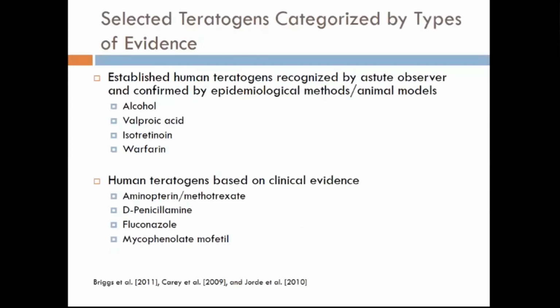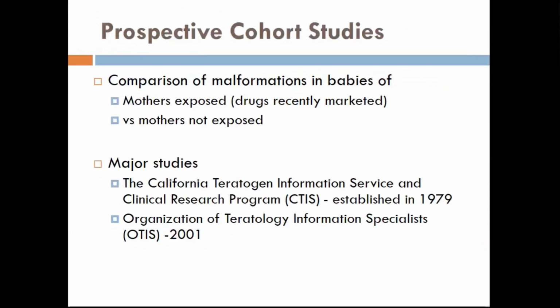Selected agents categorized by this type of evidence are alcohol, valproic acid, isotretinoin, warfarin. Based on clinical evidence are methotrexate and D-penicillamine. These are just a few examples. Then prospective cohort studies compare malformations in babies of mothers exposed to a drug versus mothers not exposed.